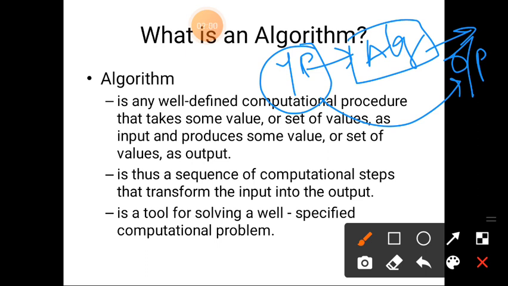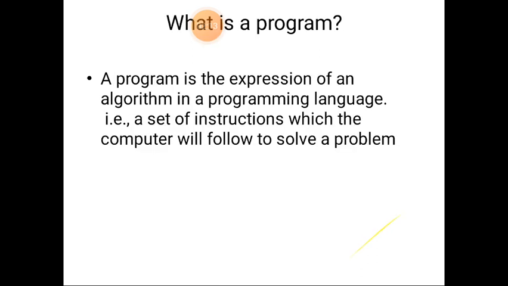Thus, a correct algorithm solves a given computational problem and gives the desired output value. An algorithm can be specified in any language: in a natural language like English, as a computer language, or even as a hardware design.